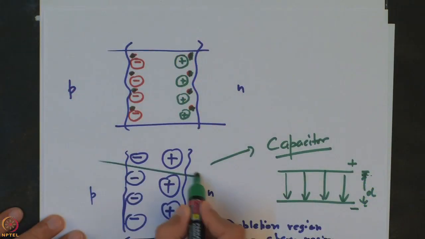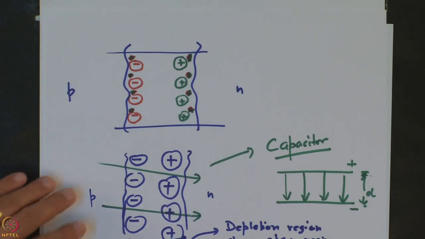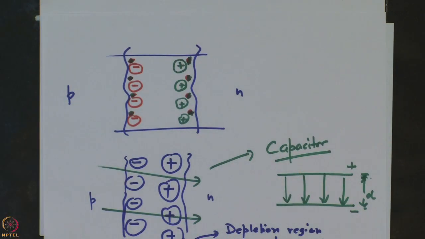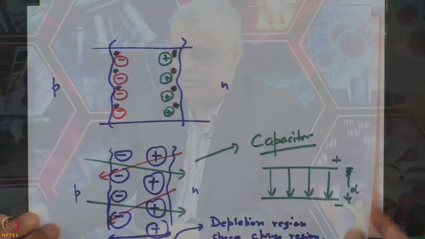If my net diffusion current direction is this, assuming the direction of the holes to be the positive current, the drift current will try to flow the other way around. Therefore, diffusion would continue till the drift current is equal to the diffusion current and balances it out, and that is where the whole process stops.